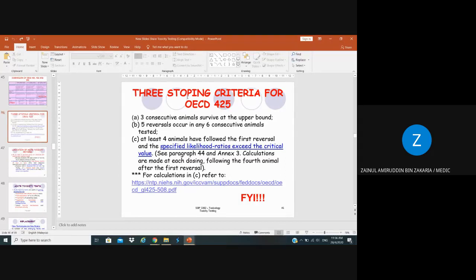You can no longer use the OECD criteria. If, at the upper bound, the highest dose, 3 consecutive animals survive, then you should stop the experiment, meaning the compound is non-toxic.